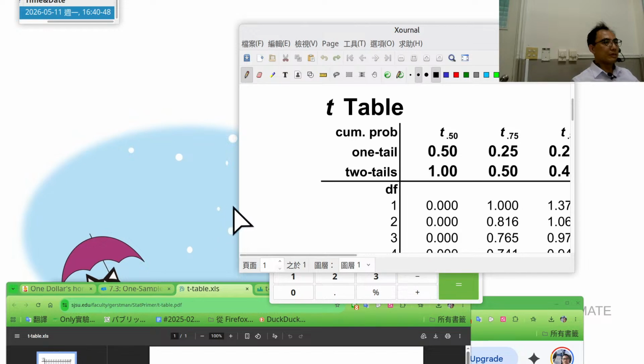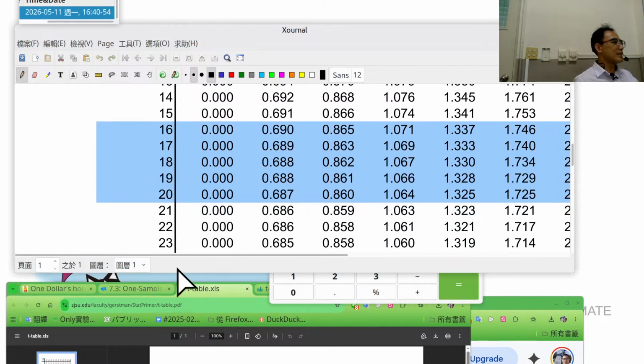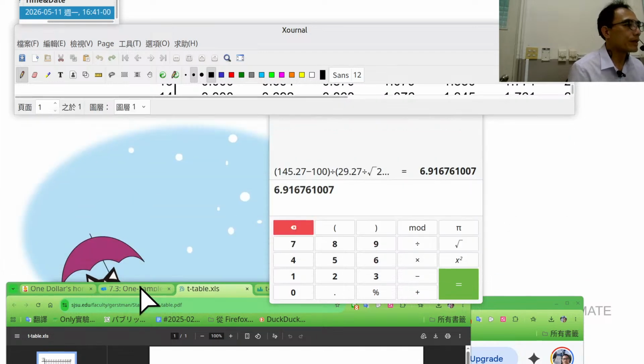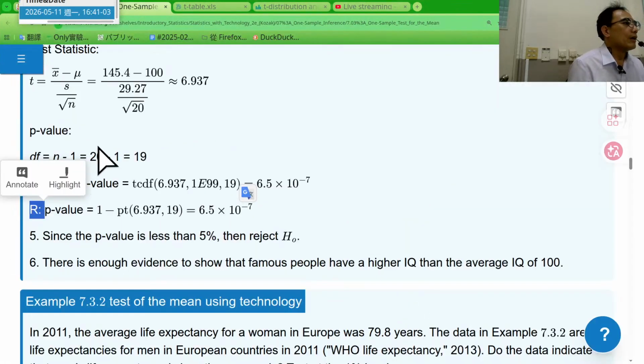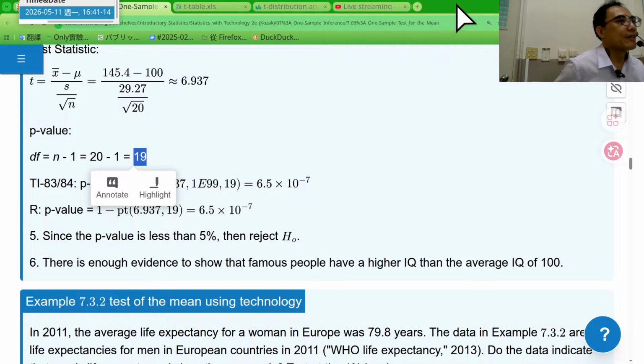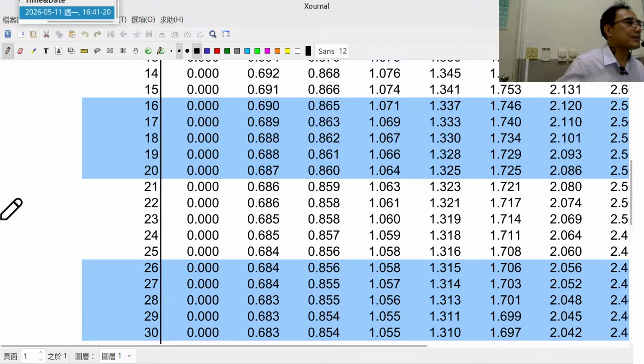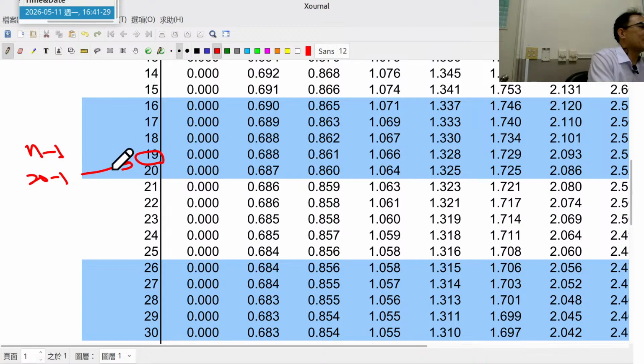From the file, degree of freedom 1, 2, 3, 4, 5, 6, 7, 9, 10 until here. And in our question, the number of samples taken was 20. 20 minus 1, that is 19. Thus, the degree of freedom in this case is here, because n minus 1, 20 minus 1, is 19.